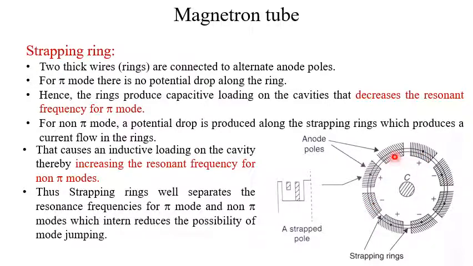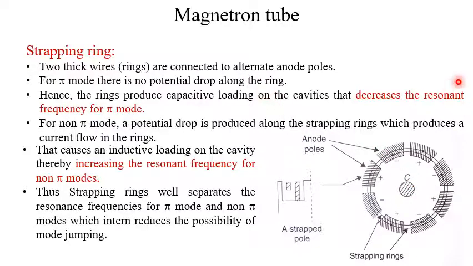At the same time, since this ring is connected here, the other ring will not be connected here; that will be connected to the next pole. So in this way the connections are made. This ring is connected here, the other ring is connected in the adjacent pole, this ring is connected here, and so on.